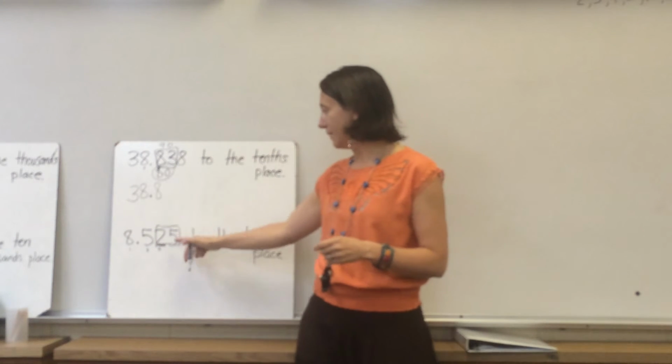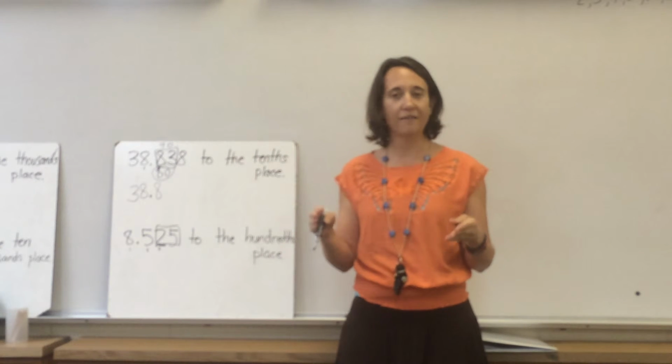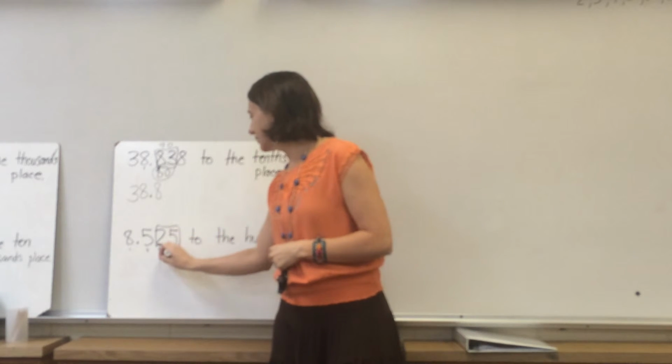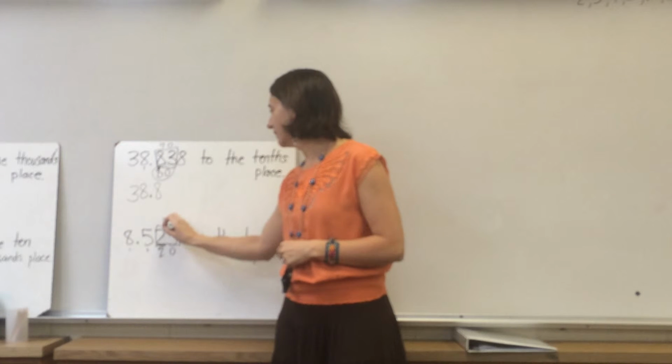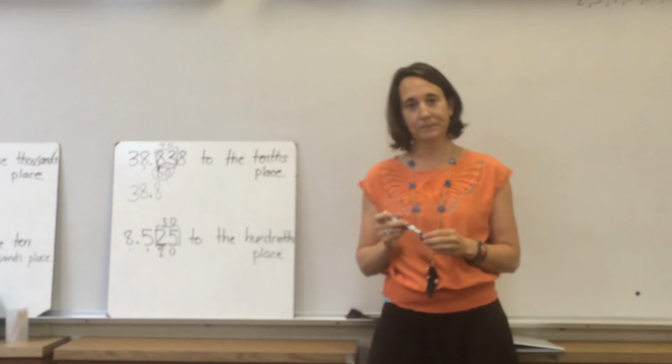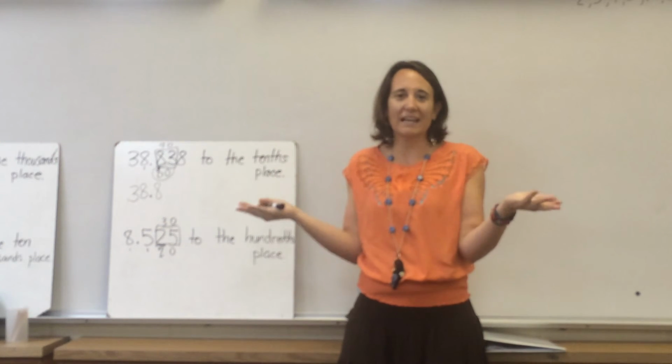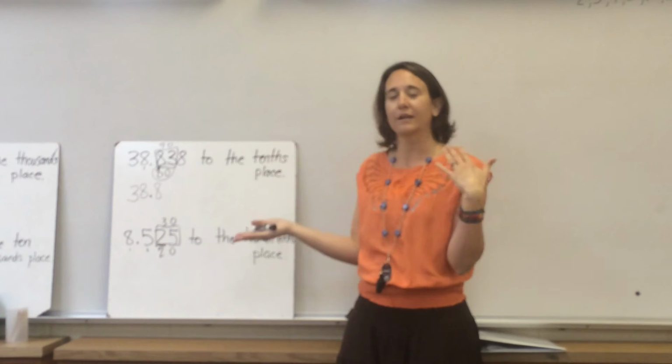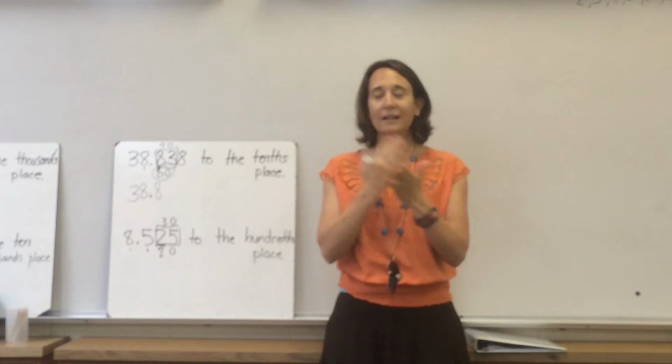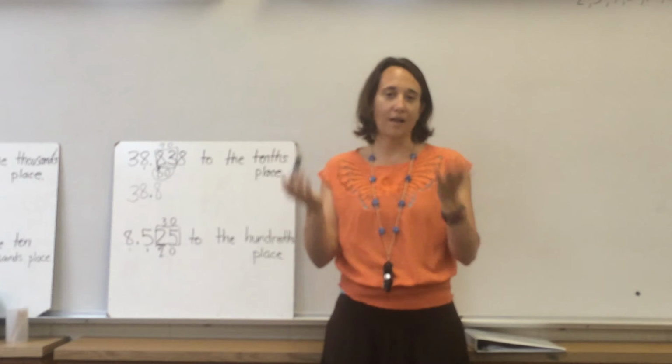This one's a tricky one. What two tens is 25 in between? It's in between 20 and 30, right? Now you may say, wait a second, it's not closer to 20 or 30. Well, in this case, when it's right in the middle, you're going to round it up.